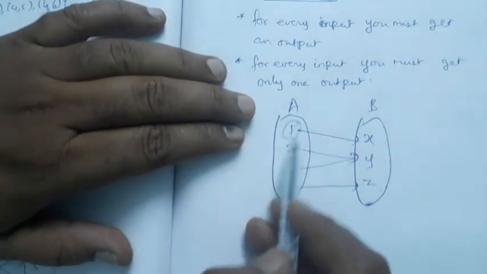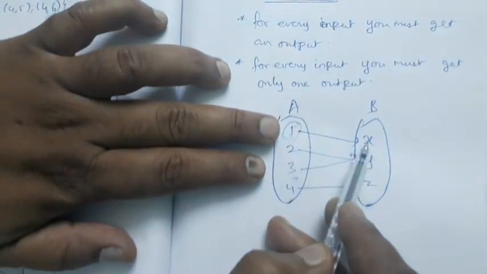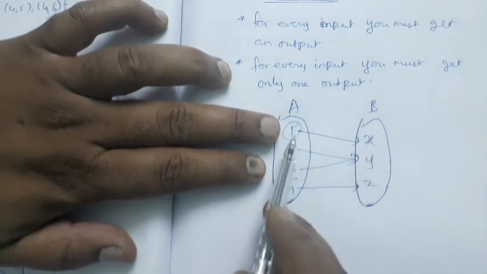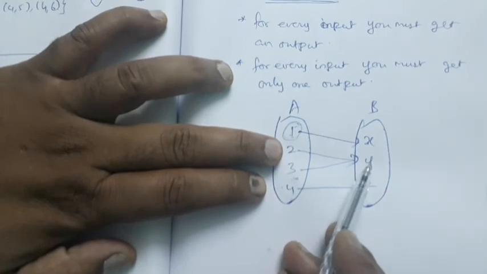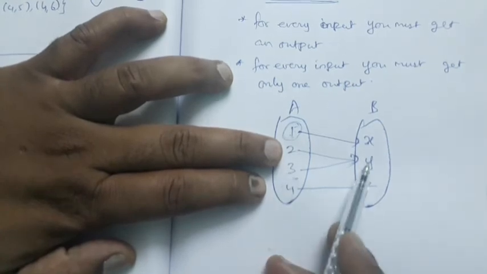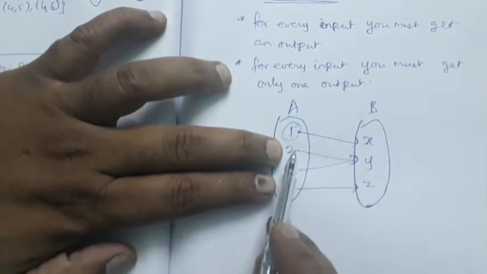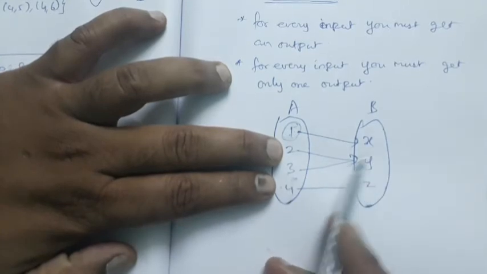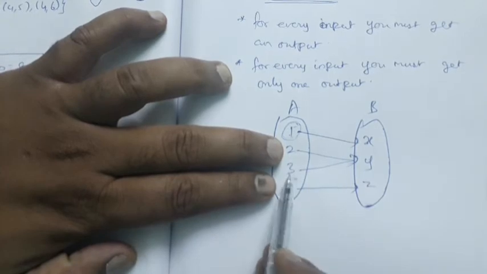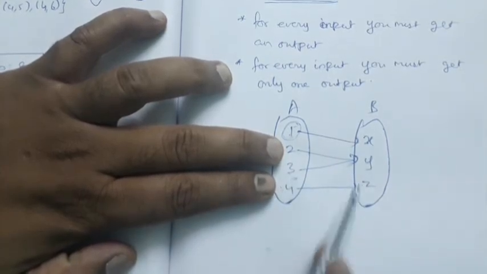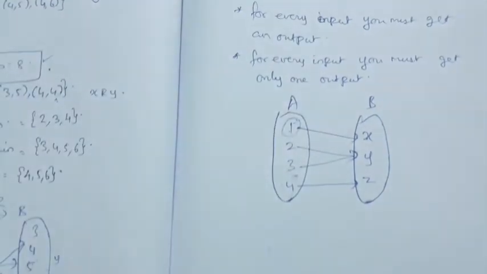See, for every input you are getting only one output. You are not getting two outputs at a time. So for 1 the output is x, for 2 the output is y, for 3 the output is y. Though 2 and 3 get the same output, 2 gets only one output, 3 gets only one output, and 4 gets only one output. So this is nothing but a function. So what is a function?